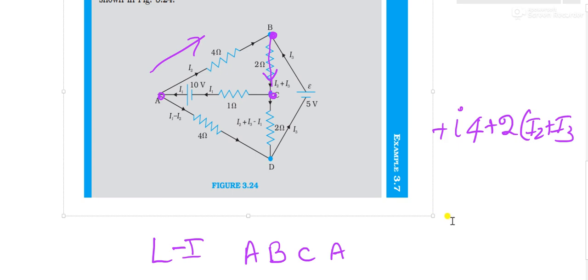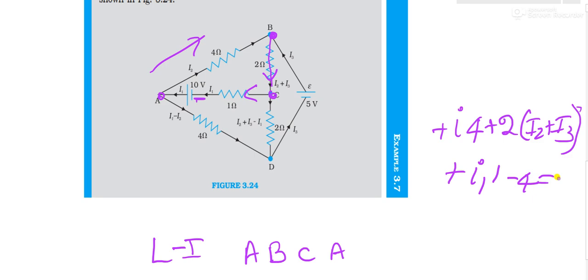The next thing, this direction I have taken, current and loop direction are the same, I1 times 1 ohm. Then the first terminal I got is the negative terminal, minus 4, is equal to 0.